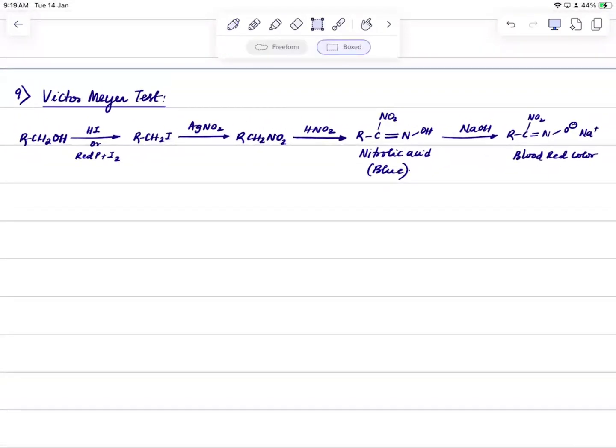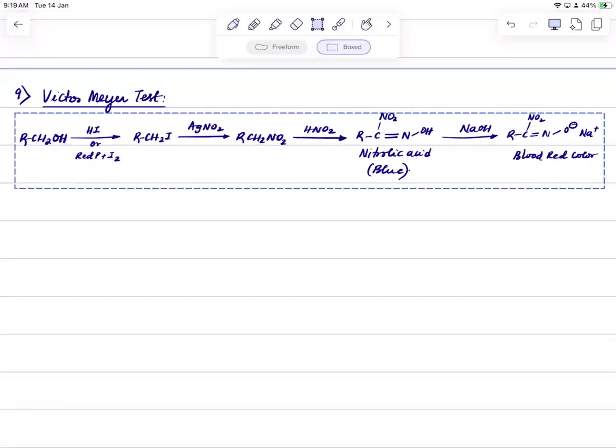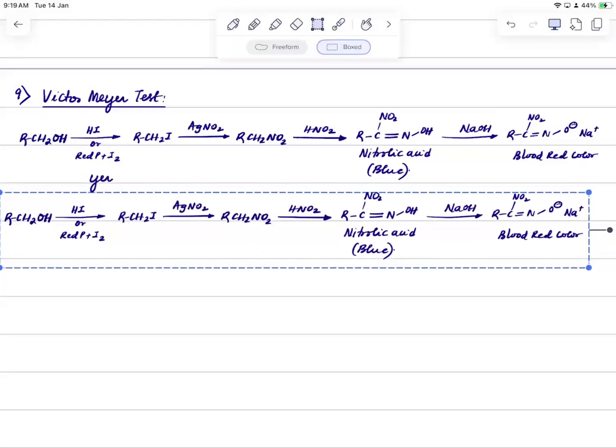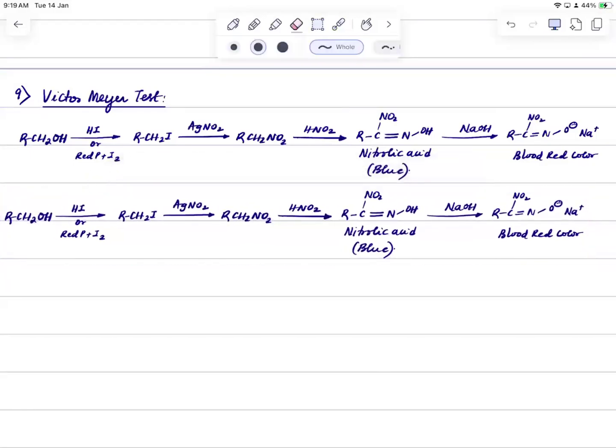Got it? Now everything else is the same in this reaction. So if you take the same reaction here also, except that now this is for secondary alcohol. So I'll have this as R2CH, and here also we'll have R2CH.